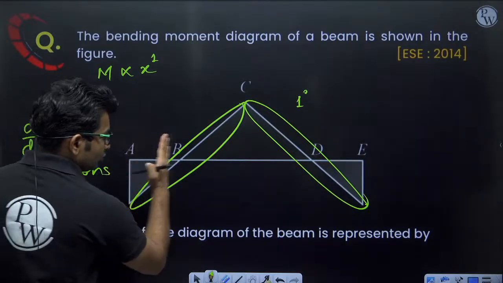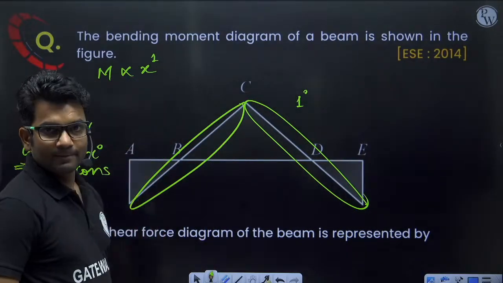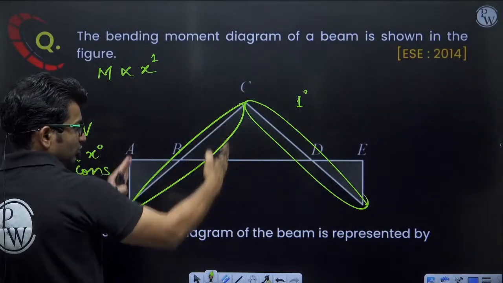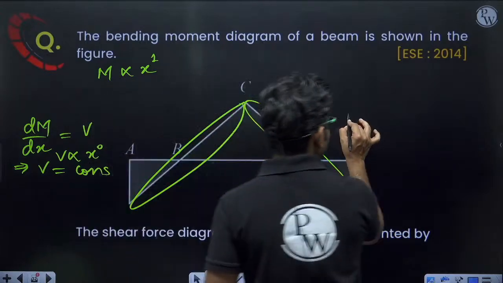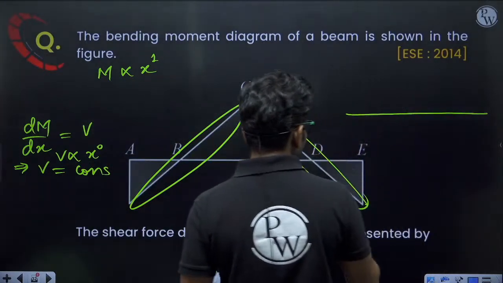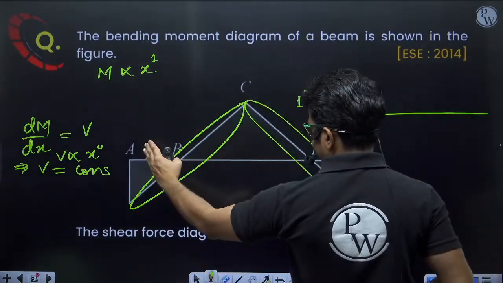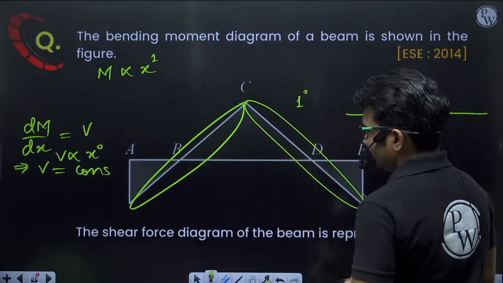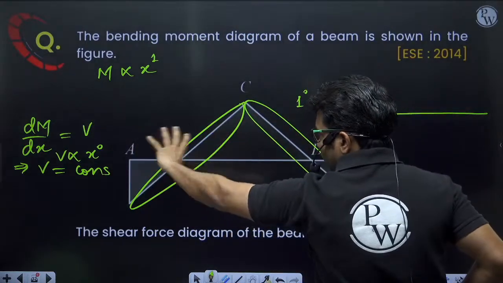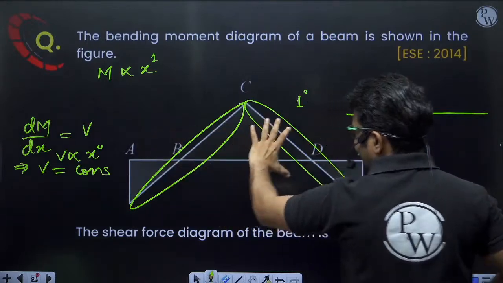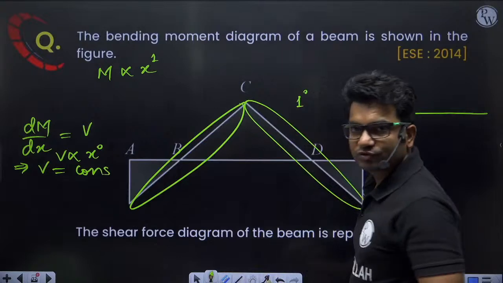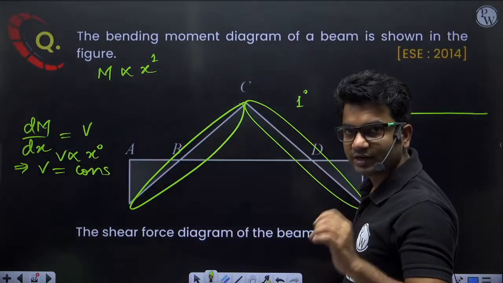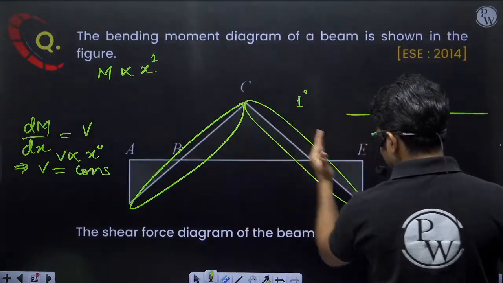So in this portion shear force is constant, and in this portion shear force is constant. That means a rectangular shear force diagram in AC and a rectangular shear force diagram in CE.